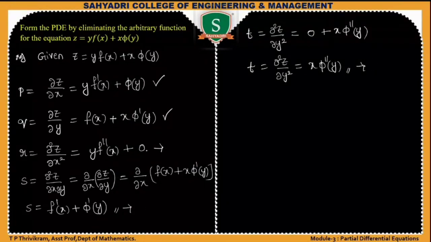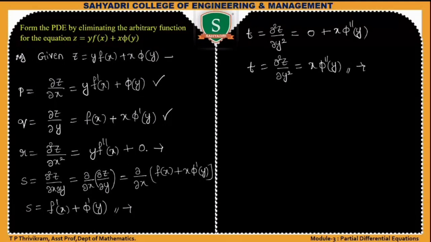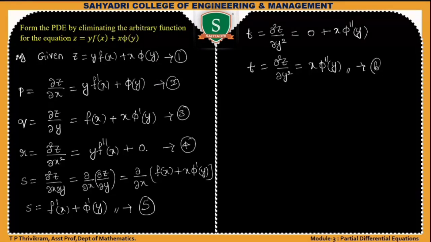That is also no problem, because it will be good for you to represent. So this is equation 1, this is equation 2, this is equation 3, 4, this is 5, and this is 6, you can write.